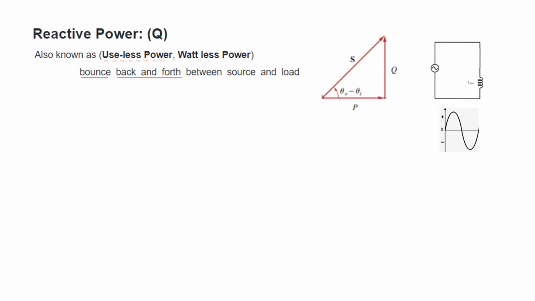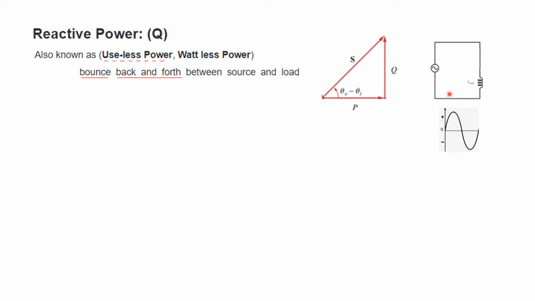Okay, next we come to the reactive power. To understand this, assume that we have an inductive load. What happens in the circuit? When the voltage is rising up to this point, it is charging the inductor, so the current is flowing from source to inductor. The moment it starts reducing from the peak, the inductor starts giving the current back into the source. Similarly, when it comes here, again the inductor will start charging.